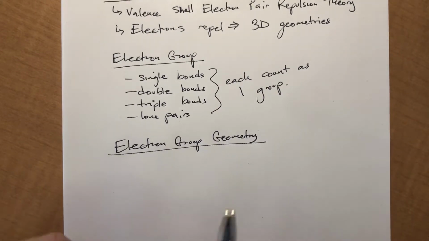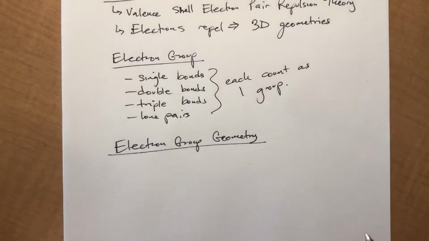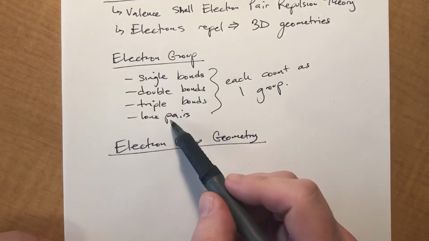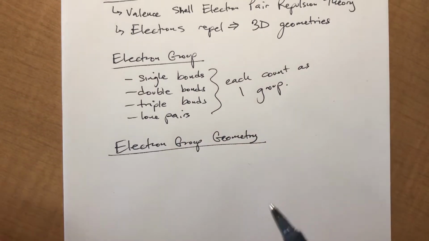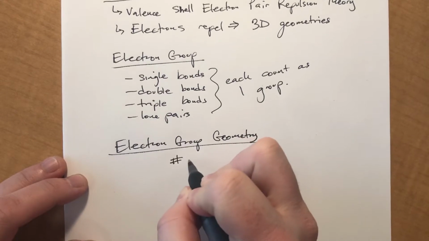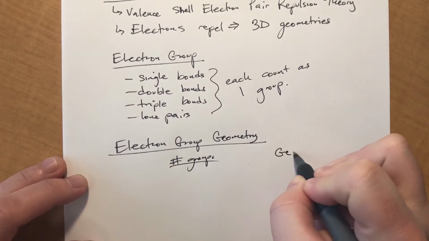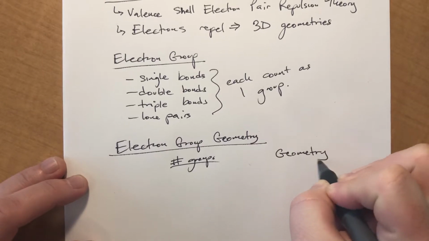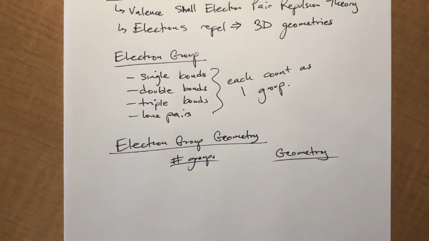So if you have multiple central atoms, you won't have a geometry for the molecule, you have a geometry for each central atom. But if we don't distinguish between single bonds, double bonds, triple bonds, and lone pairs, this is pretty easy. So basically, number of groups, and then you get a geometry that corresponds with it. And this is the foundation of the more detailed version where we do start distinguishing between things.